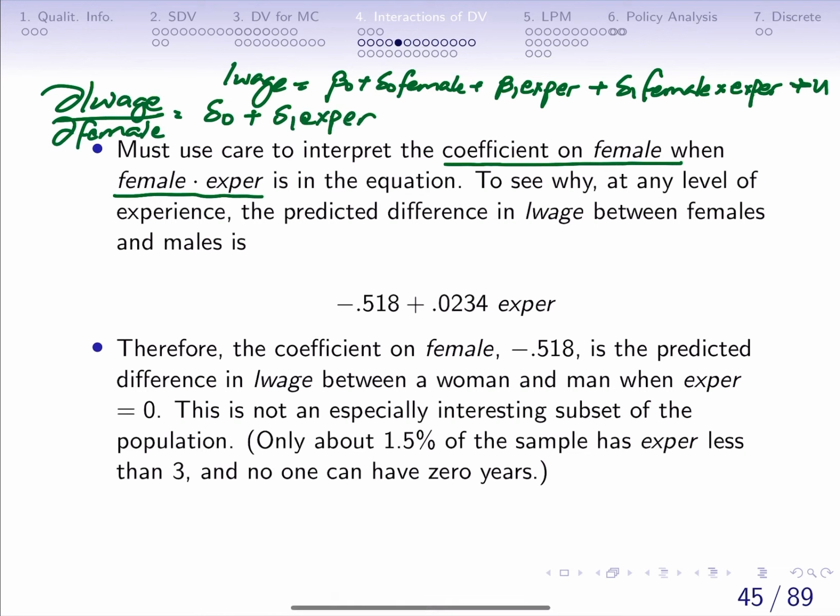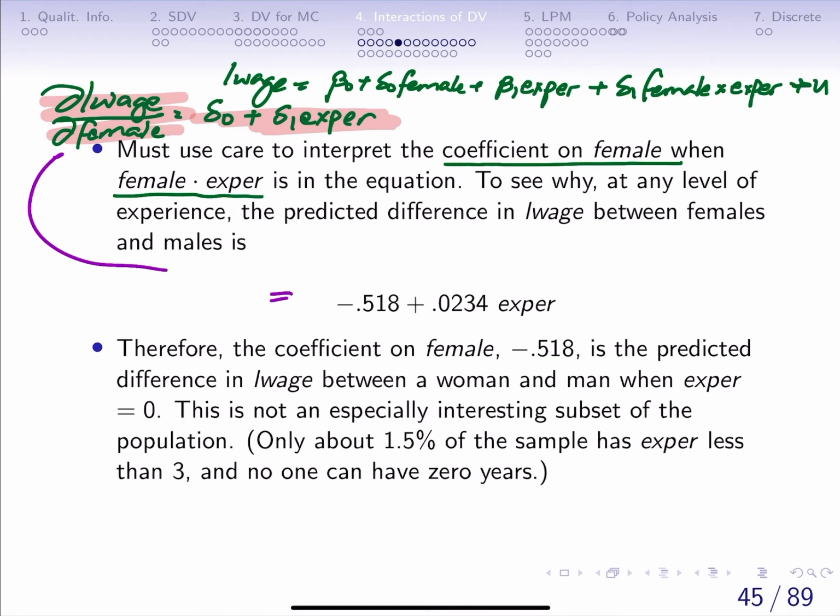So now what we've done is we've said that the partial effect that being female has on wages actually depends on the level of experience of the person, which is in line with why we introduced that interaction term. So if you look at the coefficients, we can basically then say that this partial effect will equal this once we've estimated the model.